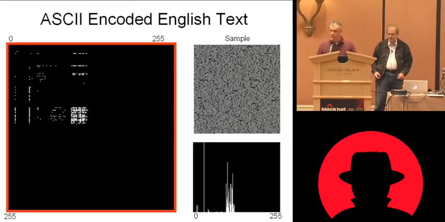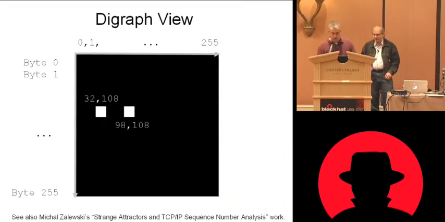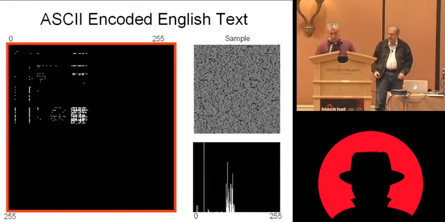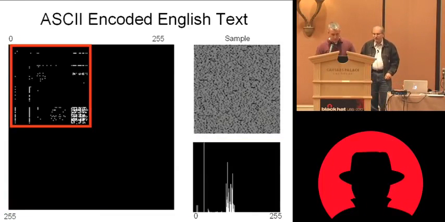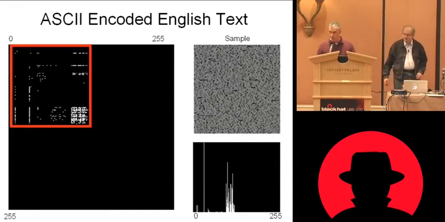And then this is the digraph plot. This is what ASCII text looks like. What do you think that bright region in the bottom right corner is? Yeah, lowercase characters, sequence pairs of lowercase characters.